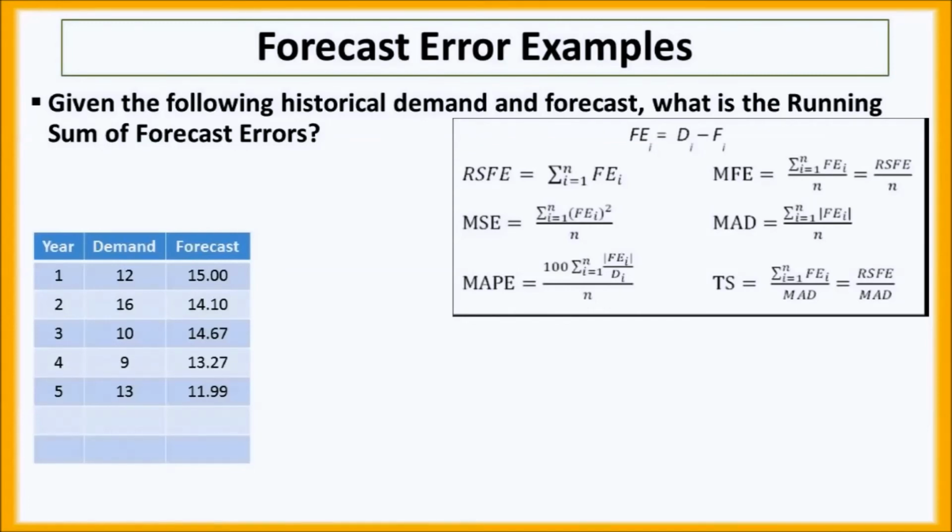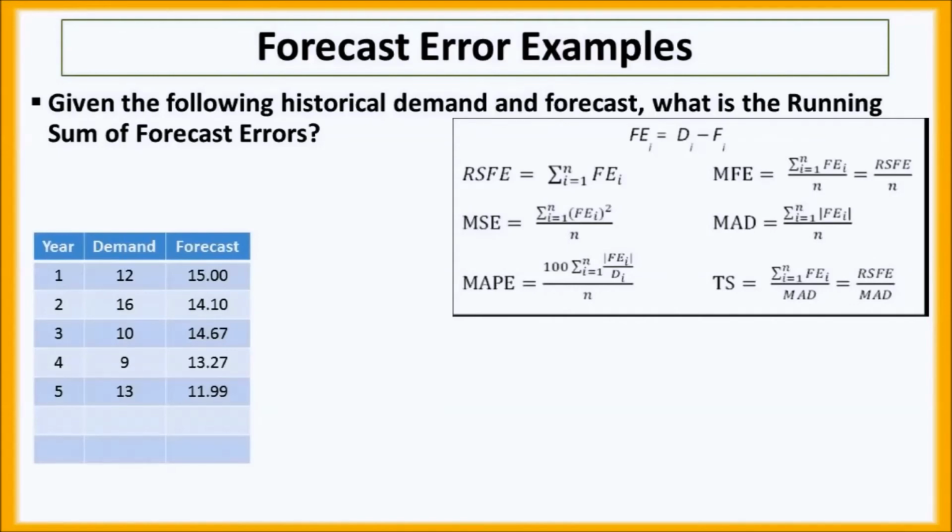So we can identify a forecast as being biased if in general it tends to either over forecast or under forecast for a set of data. So let me explain. You see the error formula at the top of the formula page. Forecast error equals demand minus the forecast.